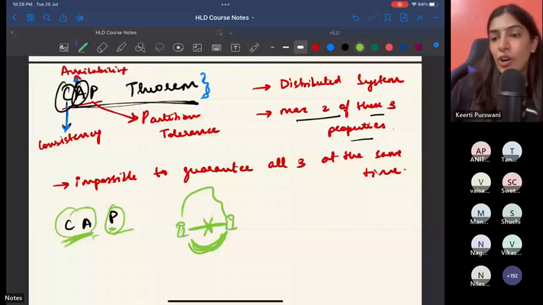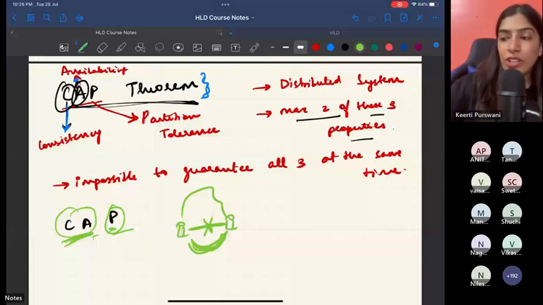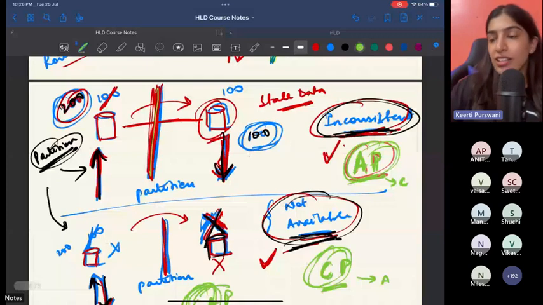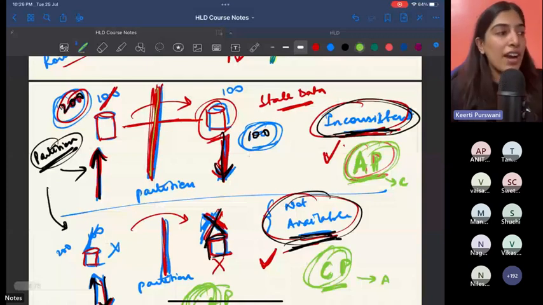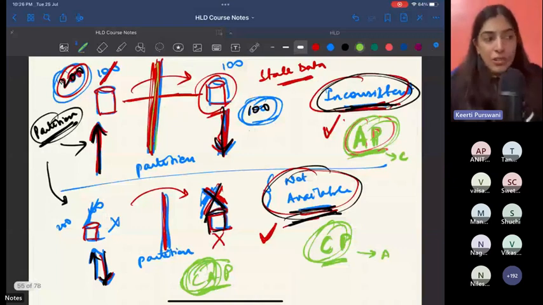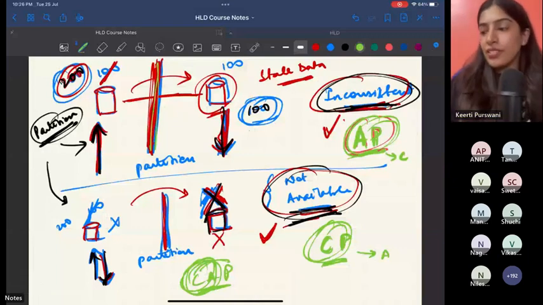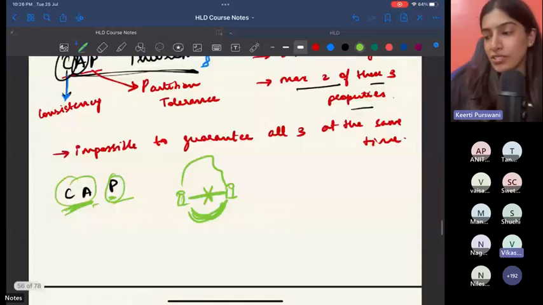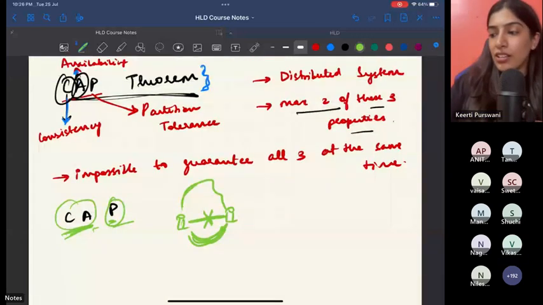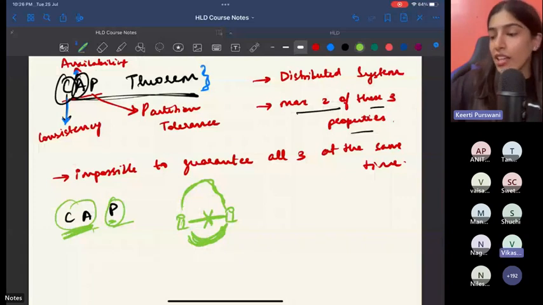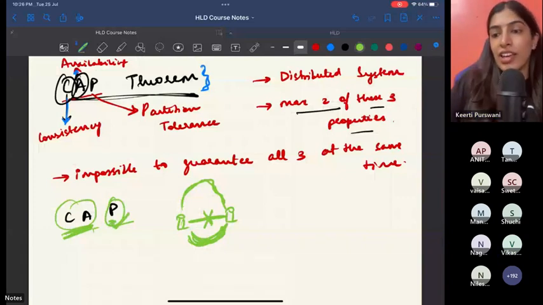What is the definition of partition tolerance? Someone is asking. We talked about partitions happening, so how much partition you can tolerate is the easier way to think about it. If I want C and A, partition must never happen. Can I have that?